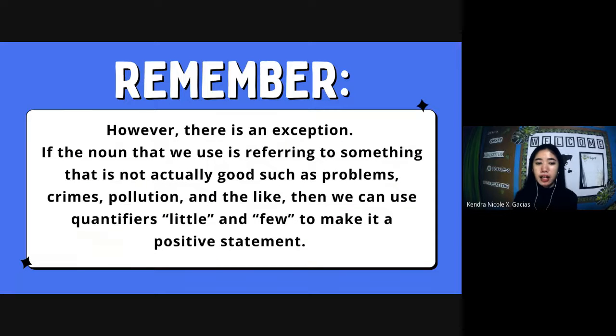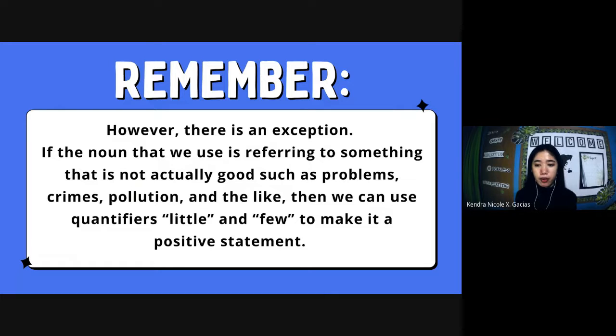If the noun that we use is referring to something that is not actually good, such as problems, crimes, pollution, and the like, then we can use quantifiers little and few to make it a positive statement. So few and little can be used to express statements in a positive sense.